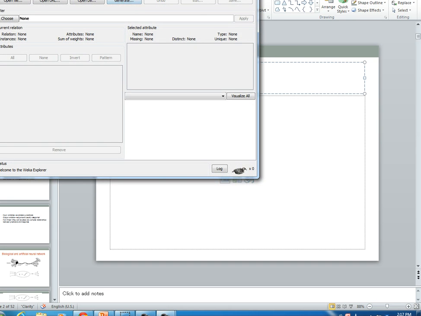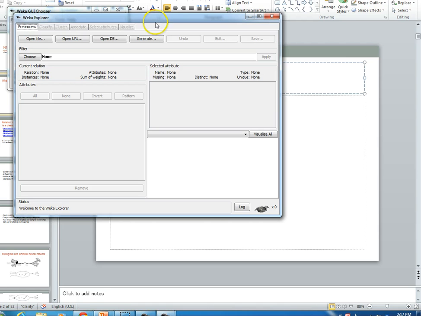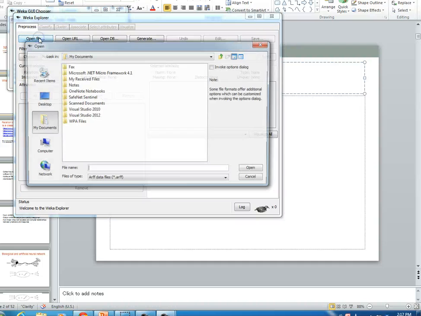Everybody get that? And open up the Iris data set. So go to File, Open File.